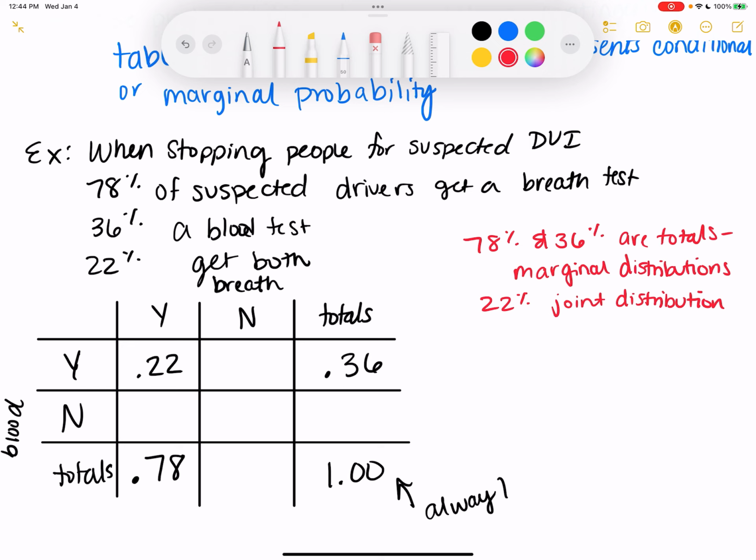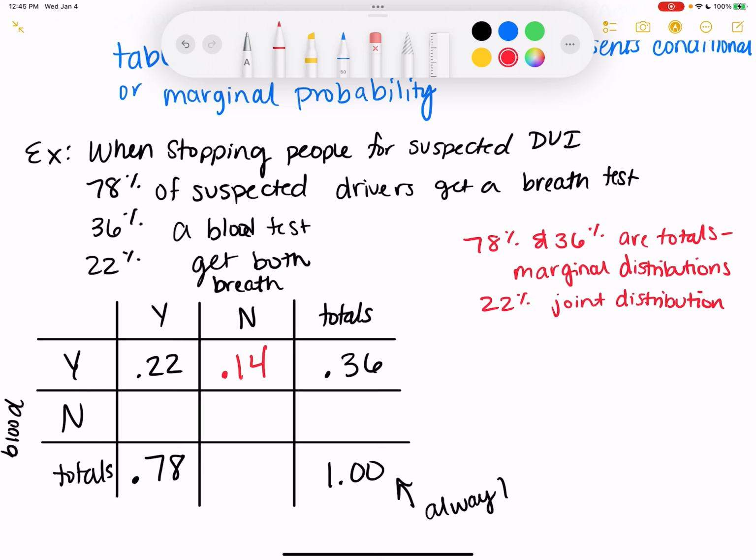So basically, we're just figuring out, okay, these 2 things added together have to equal 0.36. So what number needs to go in the no column for breath, yes for blood? 0.14. And then we do the same thing here.